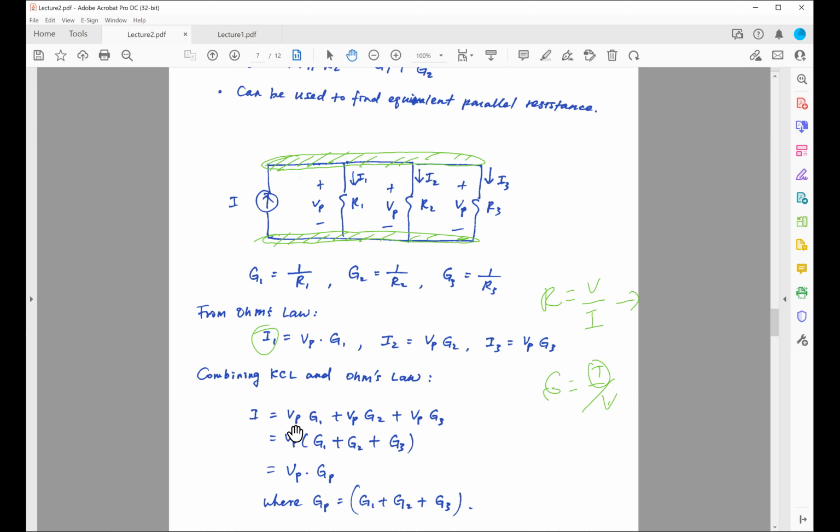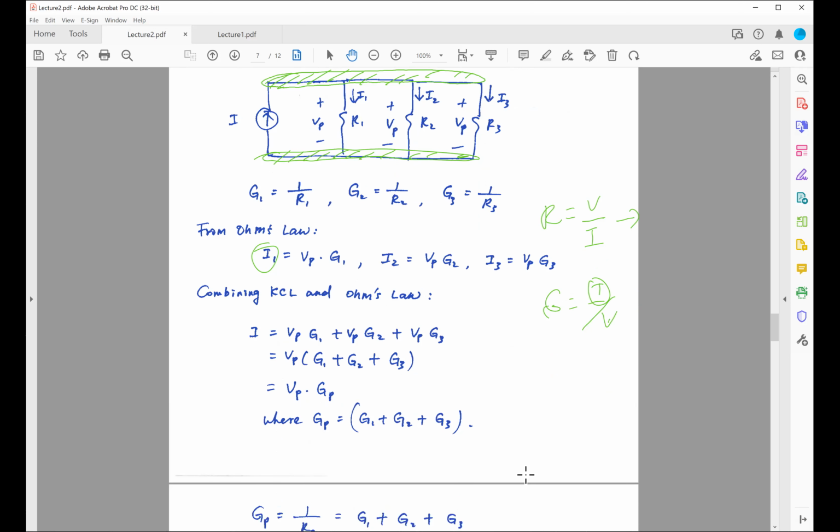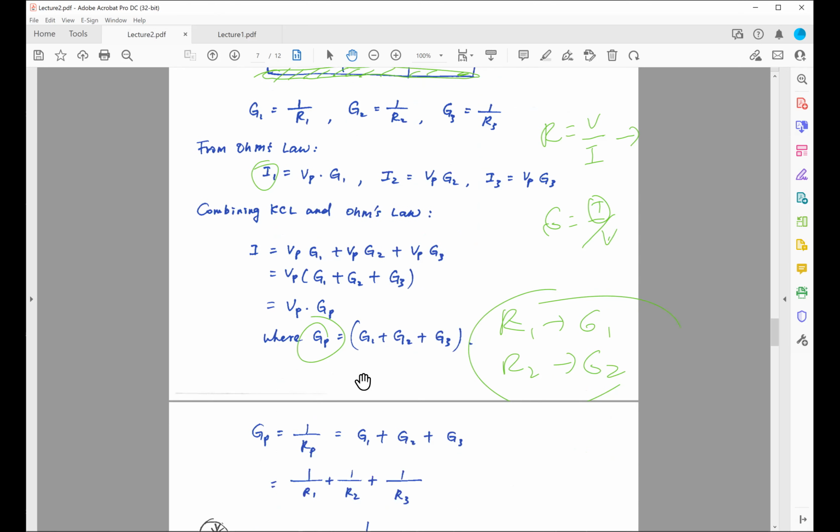where I call the summation of G1, G2, and G3 Gp. Gp means parallel conductance. So Gp again is equal to the summation of these 3 terms. So in other words, if I know R1, I know G1. If I know R2, I know G2, right? Because all I have to do is take the inverse. And if I know G1 and G2 and G3, I know what Gp is.